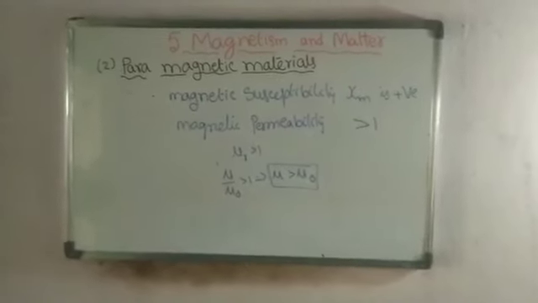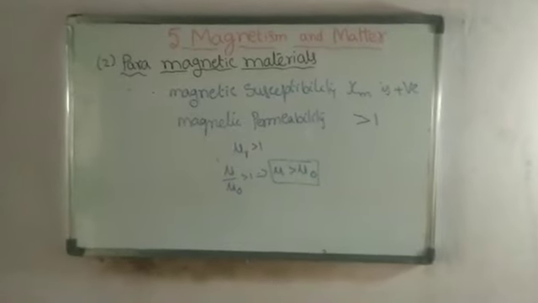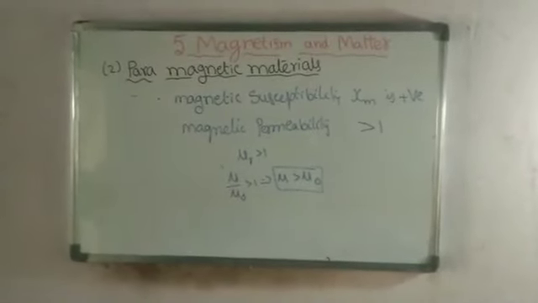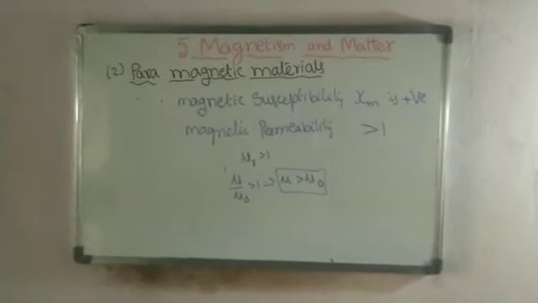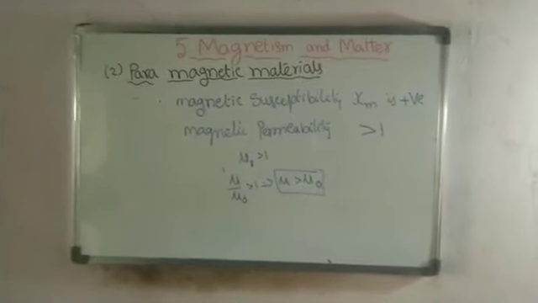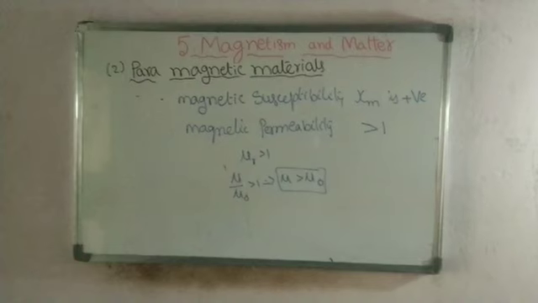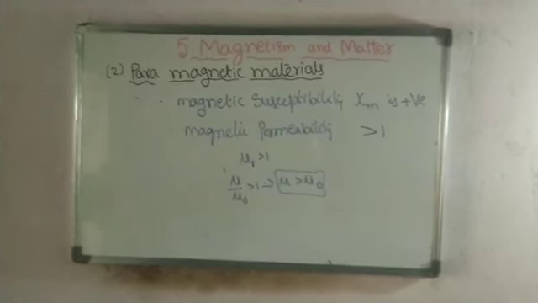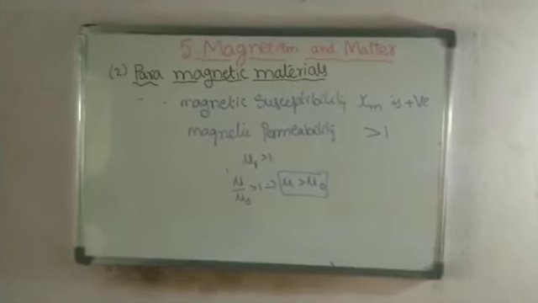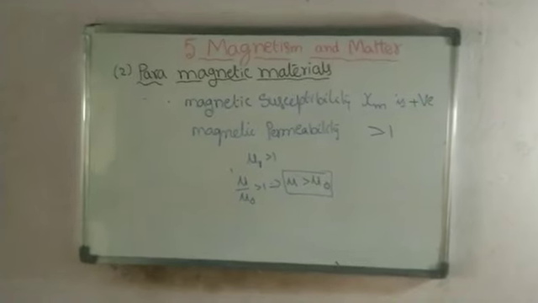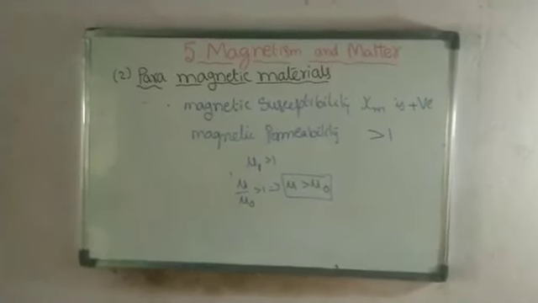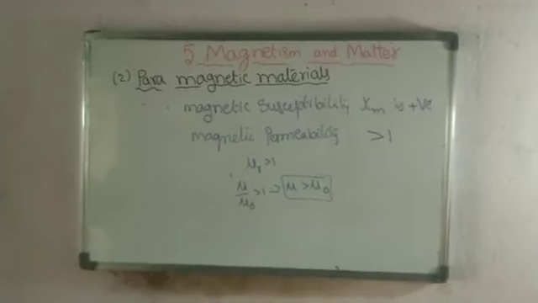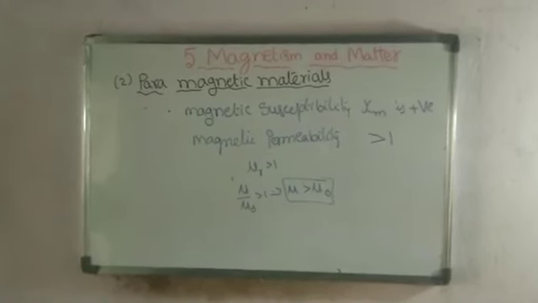Third, the magnetic field lines pass through the paramagnetic material. Fourth, magnetic susceptibility chi m is always positive, whereas for diamagnetic materials the susceptibility is negative. And next, the magnetic permeability is less than 1 for the diamagnetic material, whereas it is greater than 1 for the paramagnetic material.